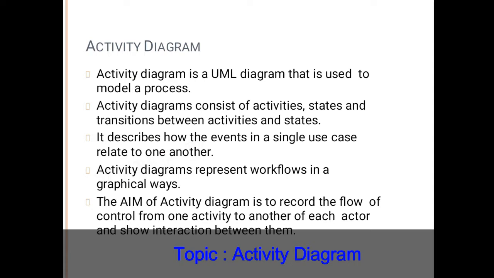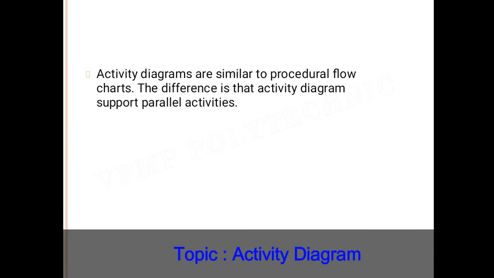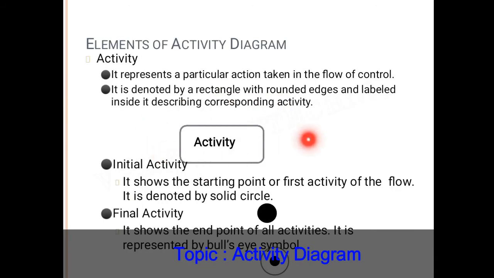Next, activity diagrams consist of activities, states and transitions between activities and states. So what are states, what is an activity, and how do activities and state transitions relate between user and system? Activities, states and transitions are described using symbols. Here, this is the activity symbol, which denotes an activity of the system.